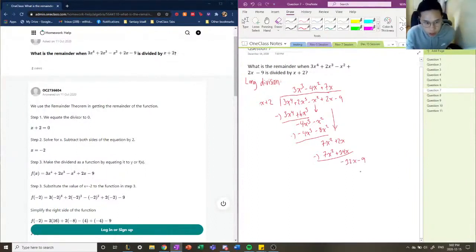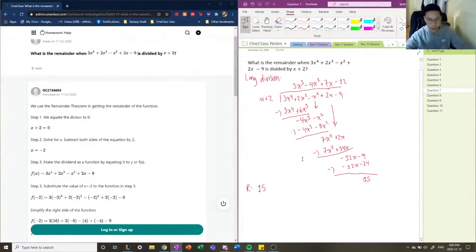Now we want to get rid of this, so we multiply by negative 12, and we get negative 12x minus 24. If we subtract this, we get 15. So our remainder, which is what we were actually looking for, is 15.